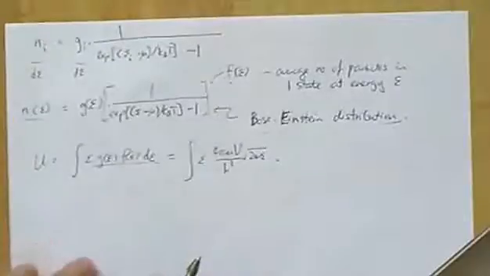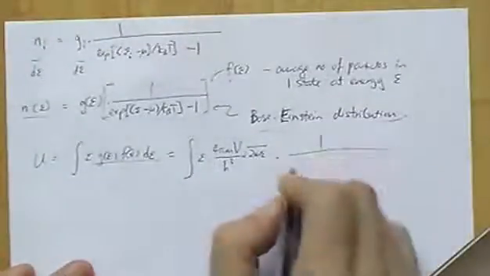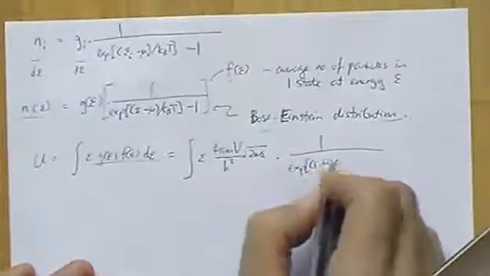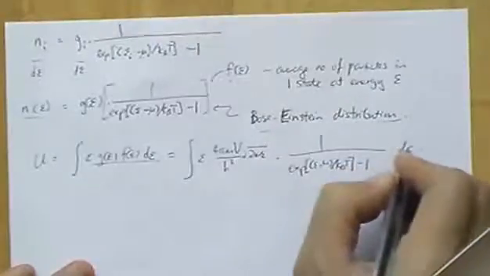And then we have F(E), which we now know. So it's 1 over this long expression again, and then dE.